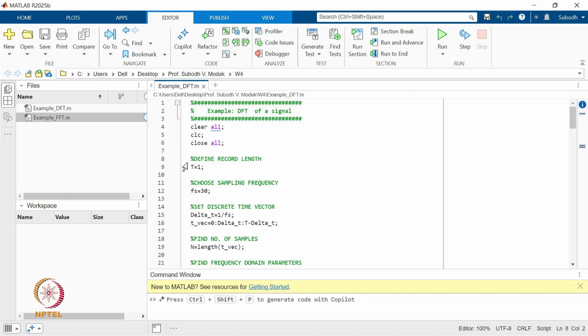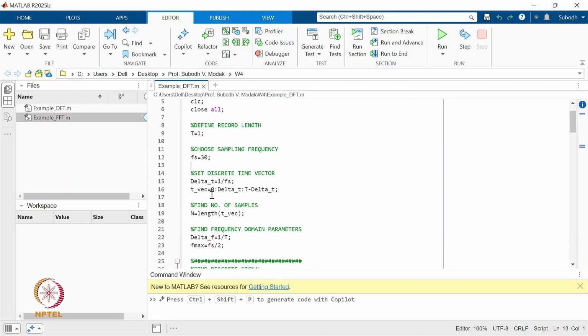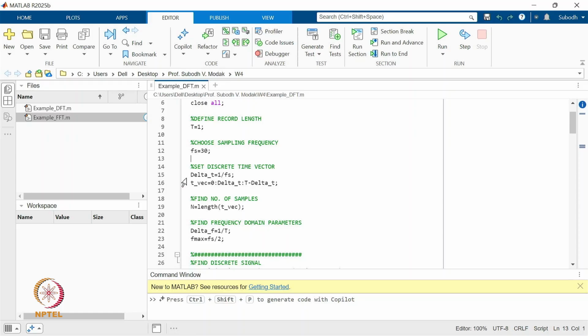Now we define the record length, because it is given in the problem that the record length should be 1. So, we have taken T as 1 second, then we choose the sampling frequency, which is also already given in the example as 30 hertz. Now we find the time step, the time resolution delta t, which is 1 upon fs. Then we build a time vector, because we have to plot the signal and then compute the DFT.